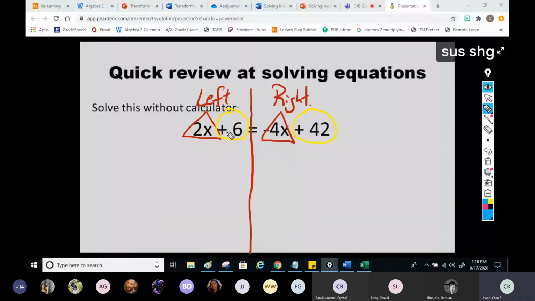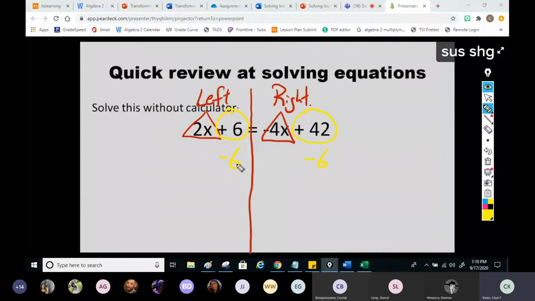I want to move the positive 6 to the right. That means I have to do a -6 on the left. And whatever you do to the left, do the same on the right. Make sure you are doing the -6 with the 42, okay? They are like terms. Let me use yellow. So -6 on the left, -6 on the right. They are both numbers, numbers with numbers, variables with variables.